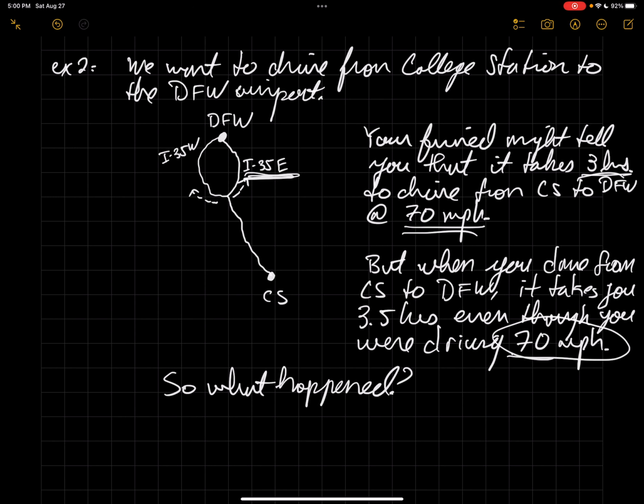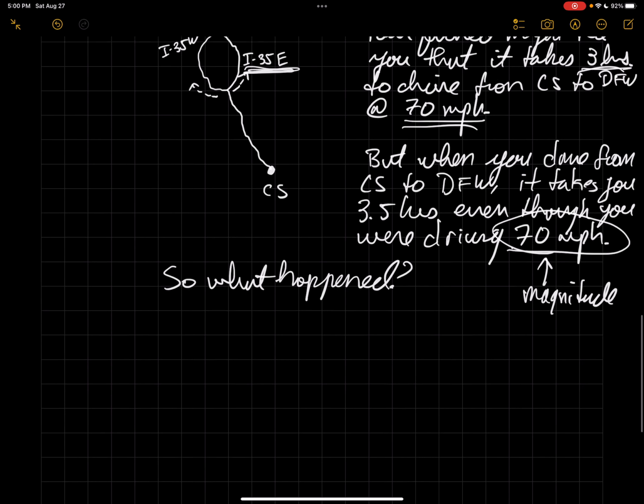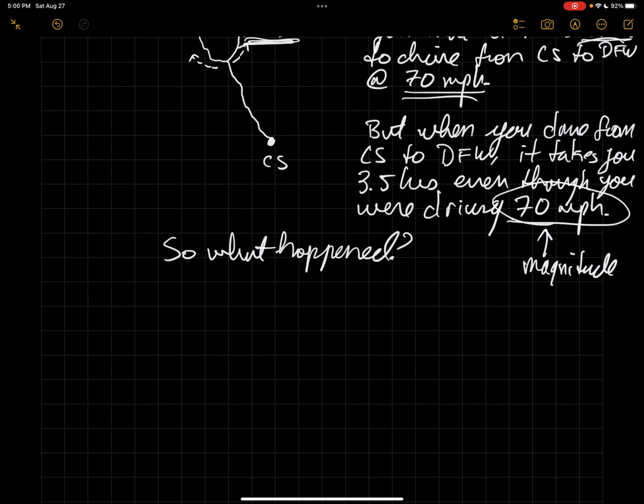That is to go I-35 East as opposed to I-35 West. And so your friend didn't give you all the information you needed to know. You received the magnitude, but you did not receive the second piece of information, which was the direction.